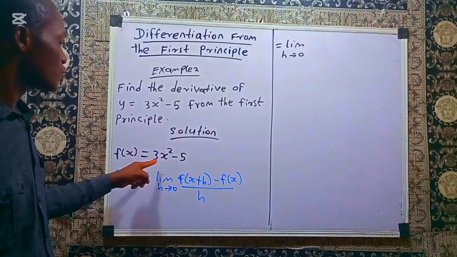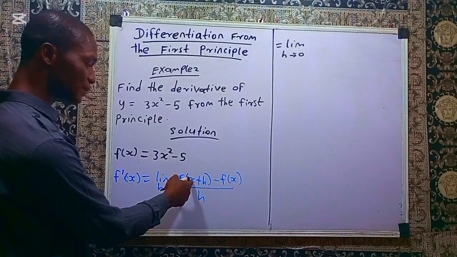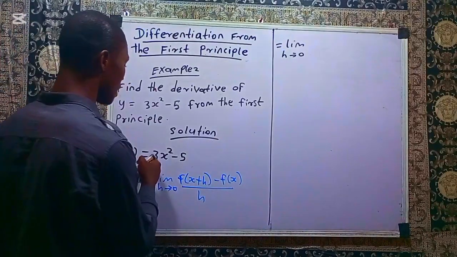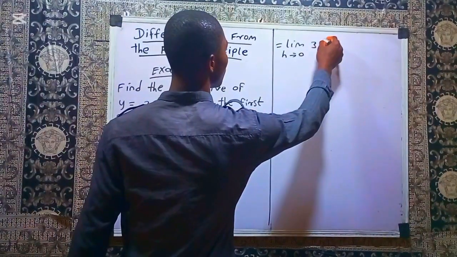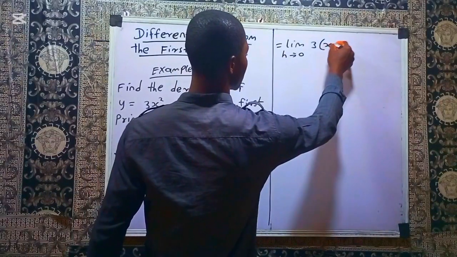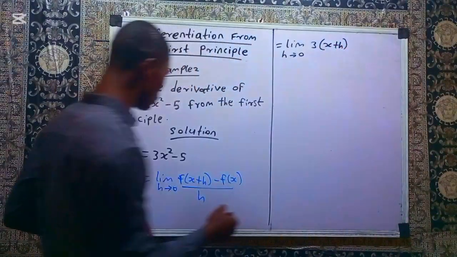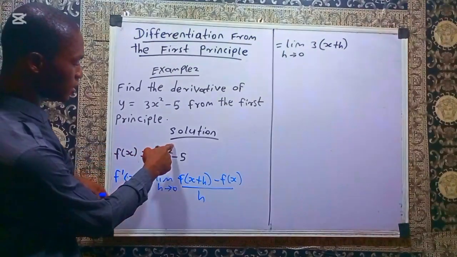So we are going to follow how the function is defined. What's inside the function is x plus h. You are going to multiply it by 3, so we have 3 open bracket, x plus h, and you square it according to the definition.